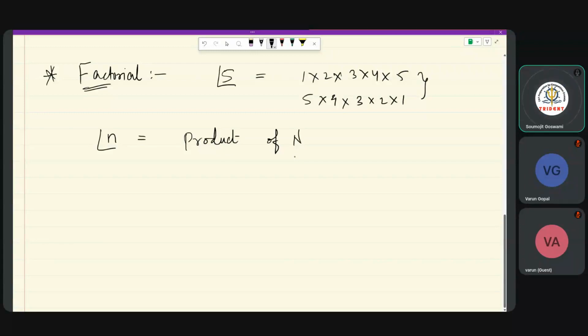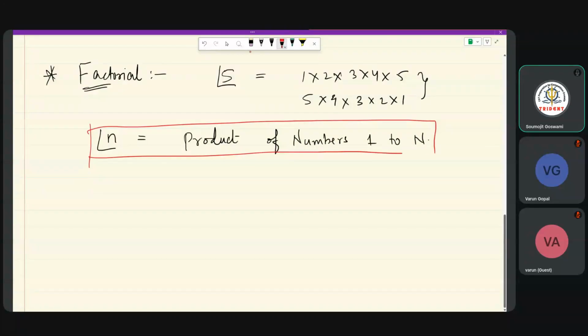Please understand, guys, this is only applicable to natural numbers. That's it. I'm not giving you the mathematical definition. This is the intuitive definition of factorial. We have done factorial so far.